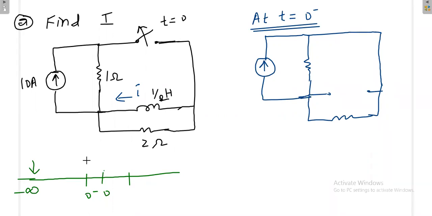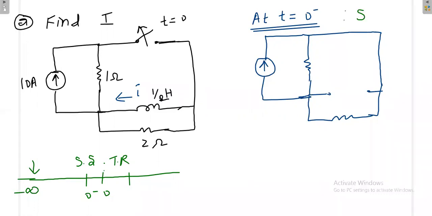So before applying the switch at t is equal to 0, it may be either closing or opening, no problem, the circuit is in steady state. That means here the circuit is in steady state, but after this the circuit is in transient, because at exactly 0 you are applying the switching, and for a moment after the switching the circuit will be in transient. So at t is equal to 0 minus, the circuit is in steady state.